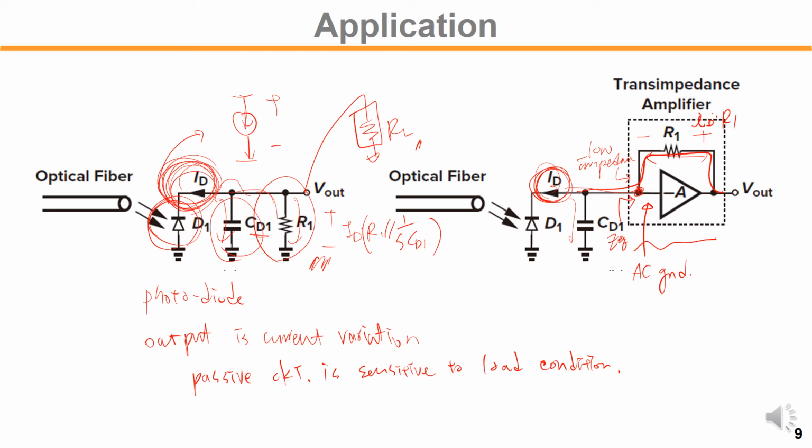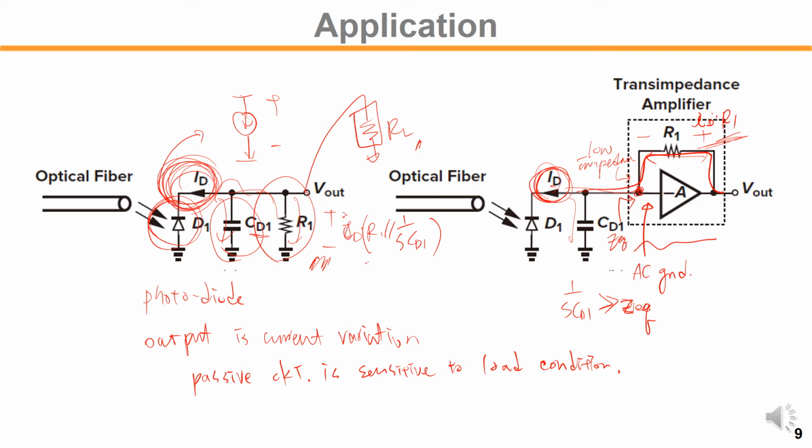To avoid such a problem, we can have the negative feedback amplifier so that the input impedance looking into the amplifier, G equivalent, is much smaller than 1 over SCD1. Then all the current will flow through R1 and create the large voltage drop.